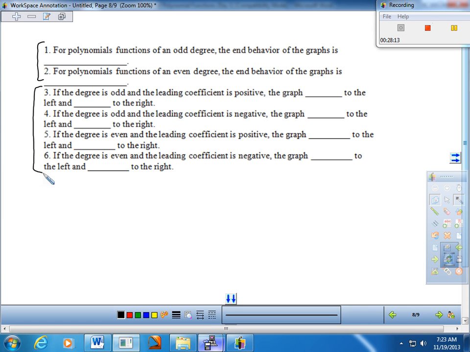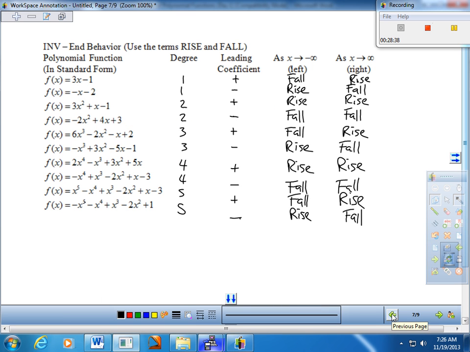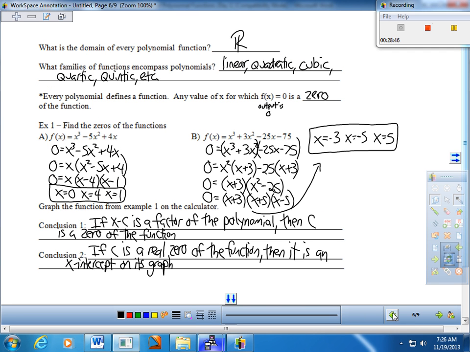Okay, so let's see. For polynomial functions of odd degree, so just odd versus even at this stage, what did you notice about the end behavior? Odd versus even. See if you can fill in 1 or 2. What did you notice about the odds? Okay, well, I hope you noticed.